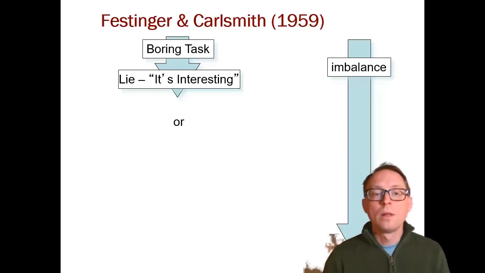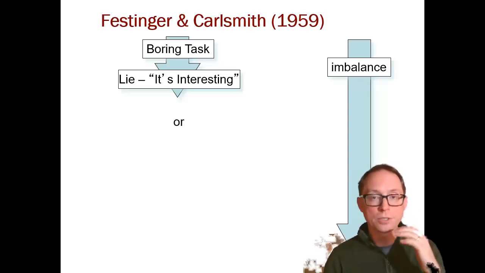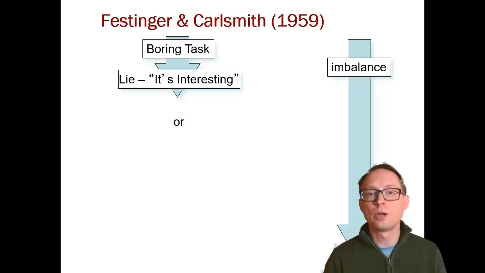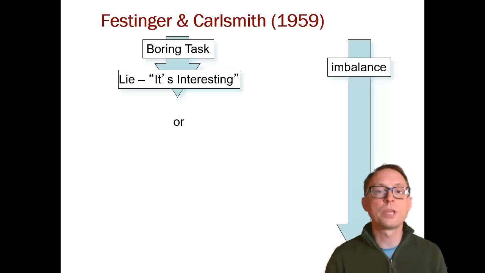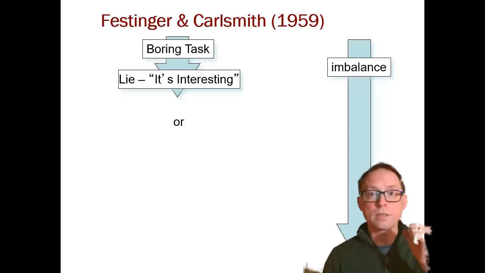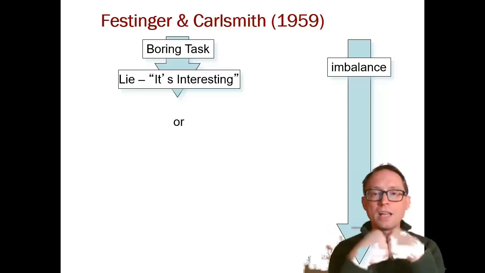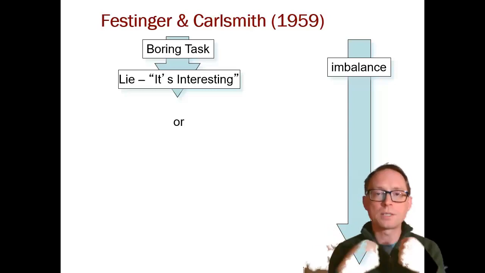The imbalance happens when people lie. Everybody lied to the next participant, saying, oh yeah, this is a really interesting task, I think it's going to be fine. The behavior is lying. The belief about yourself is that I'm an honest person, and that clashes. It creates that imbalance.